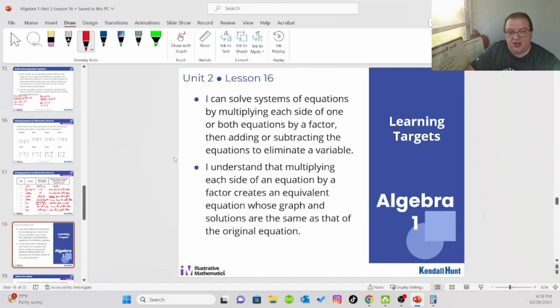And learning target number 2, I understand that multiplying each side of an equation by a factor creates an equivalent equation whose graph and solutions are the same as that of the original equation. If you feel comfortable with both of these learning targets, then you are on track for our test on the 3rd. If you still have questions, please ask those during class so I can clarify them for you before your test.